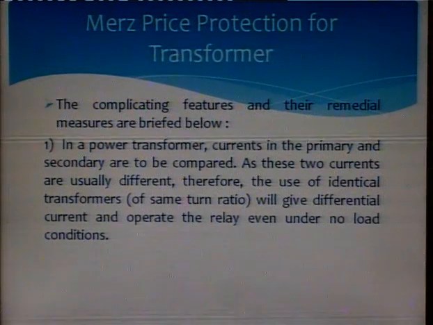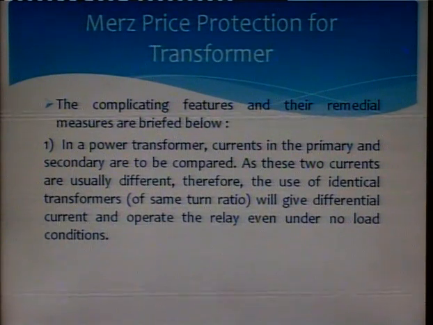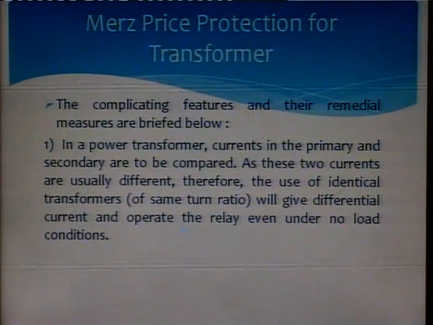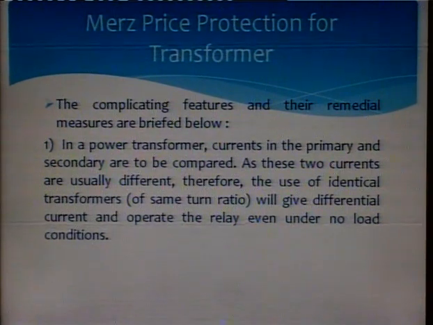So usually the use of identical transformers, that is of same turn ratio, will give differential current and operate the relay even under no load condition. So, this is a main complicating feature.